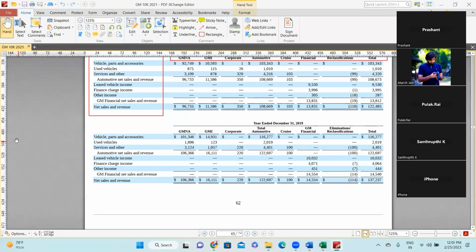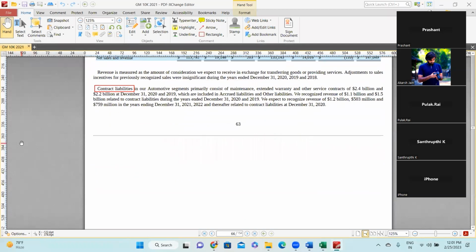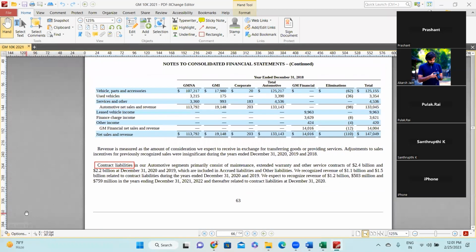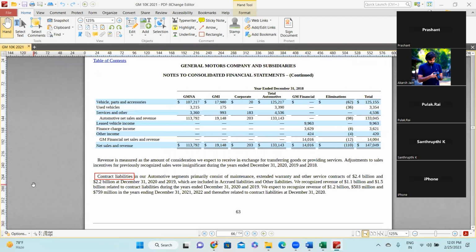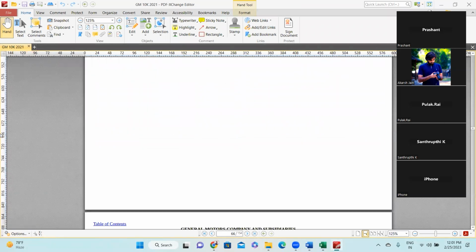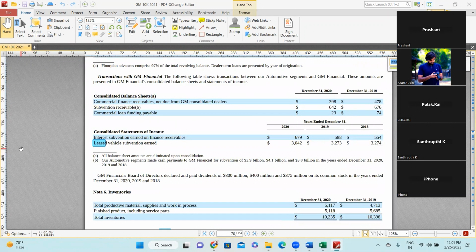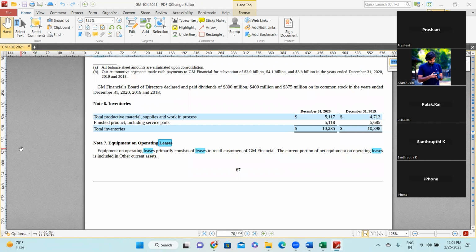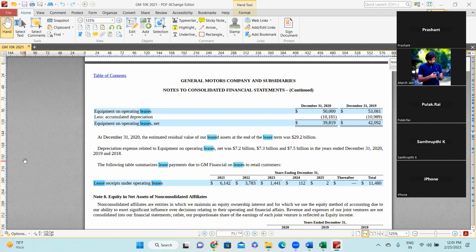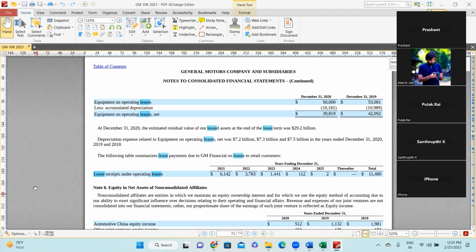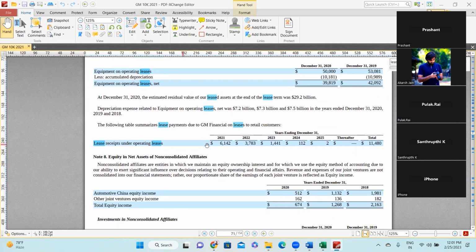See, this is for revenue. Now, if you see here, equipment on operating lease: equipment on operating lease, less depreciation, lease balances, lease receipts under operating lease.